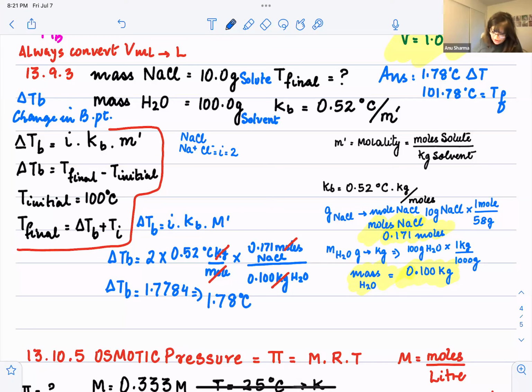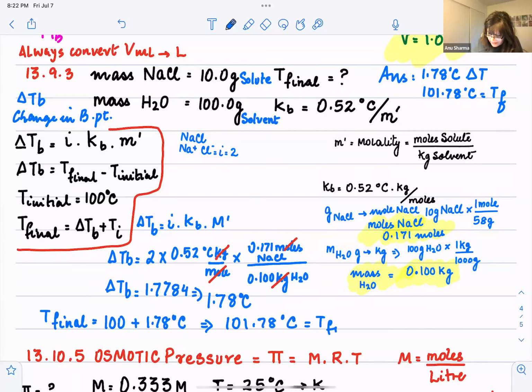So this is the change, but remember, T final is the initial boiling point of water, which is 100. So 100 plus 1.78 degrees Celsius gives you 101.78 degrees Celsius. This is the value of T final, and that is the answer.